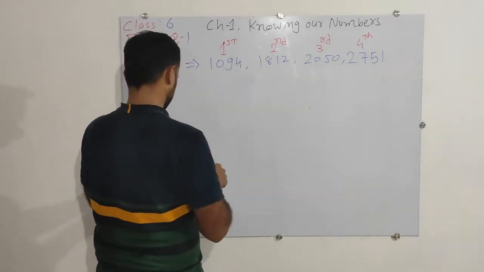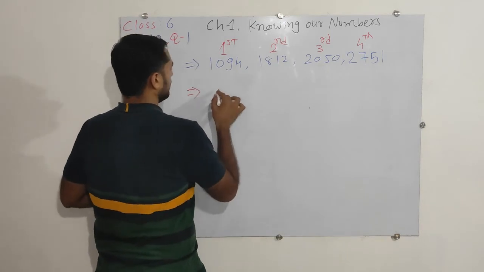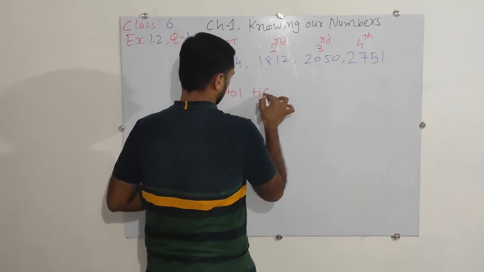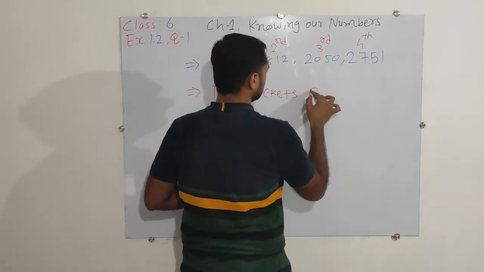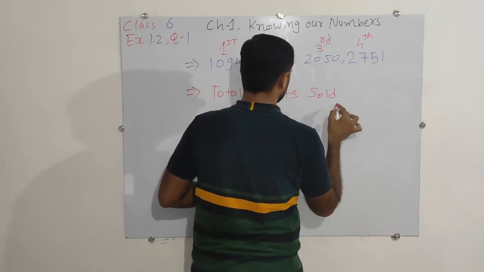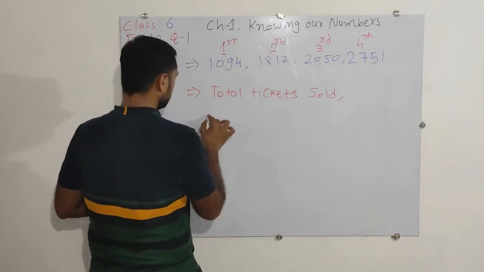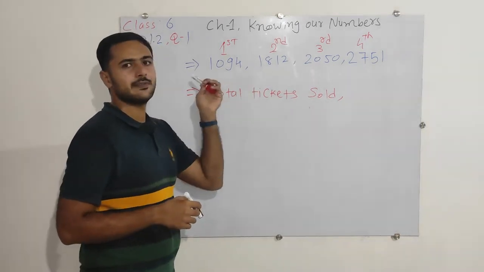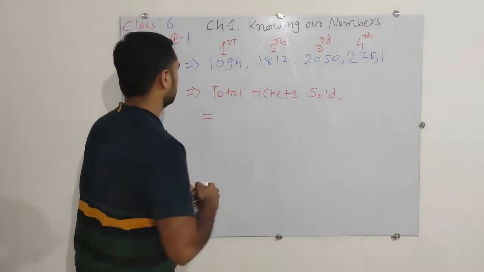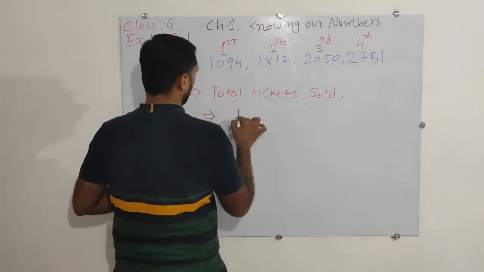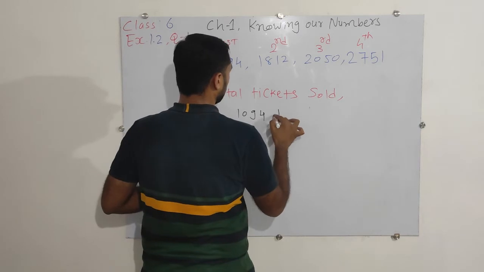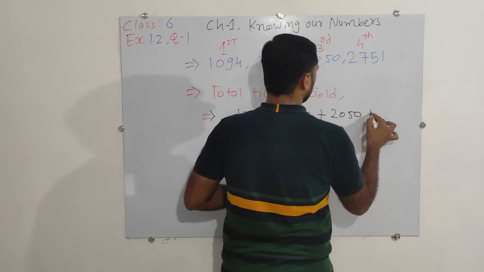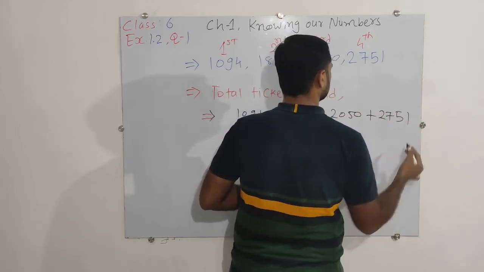Now see how we will do it. Simply, total tickets sold is equal to, what will we write? Simply, we need to add all these quantities. So 1094 plus 1812 plus 2050 plus 2751.